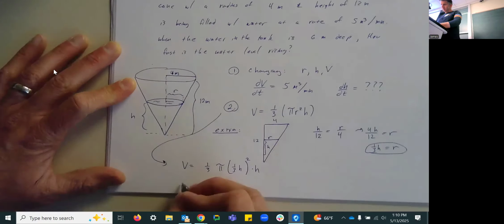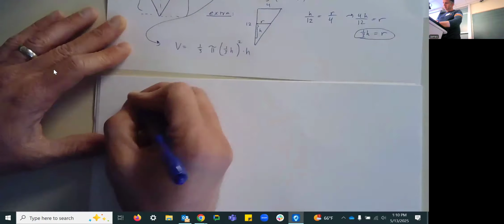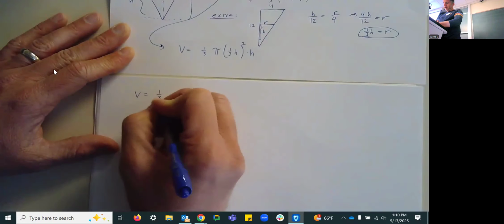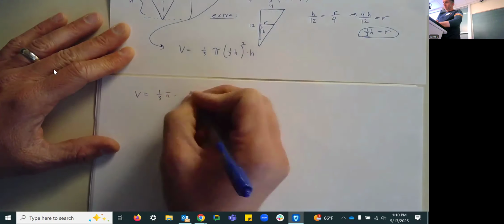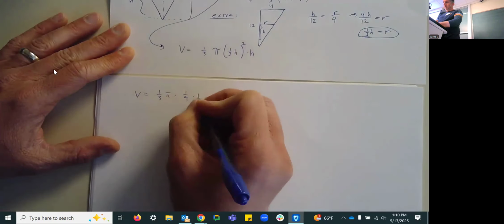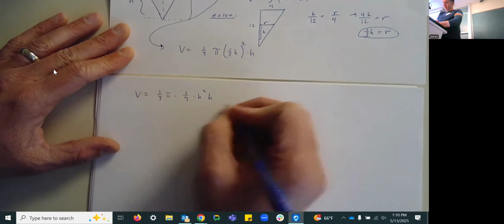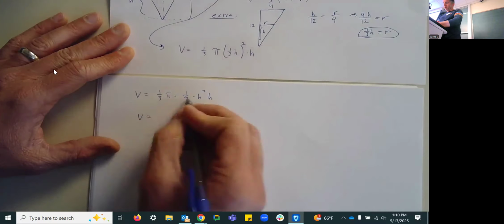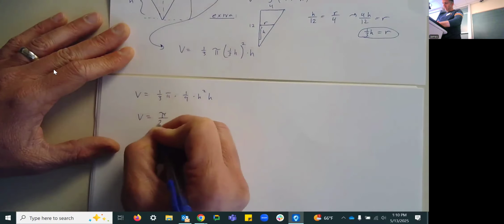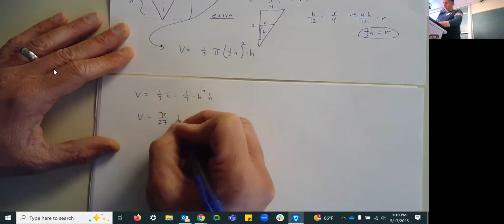So on a new piece of paper, the volume is equal to 1/3 pi times 1/3 squared, which is 1/9, h squared times h. Simplifying that, we get the volume is equal to pi over 27 times h cubed.